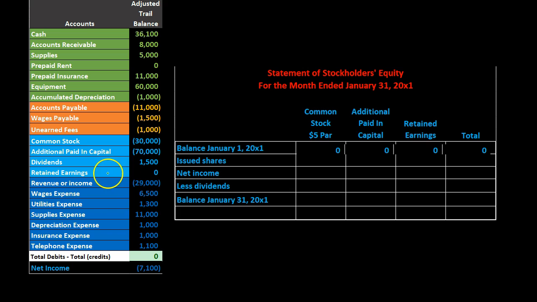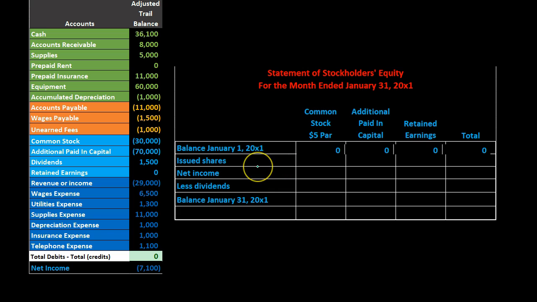Even though it says retained earnings on this trial balance, supposedly as of the end of the month, it's really only the beginning of the month number, because all of the activity is broken out into the temporary accounts. So retained earnings is really where most of the action will happen here, because that's what we're going to change from the beginning to the end to get to total stockholders' equity.